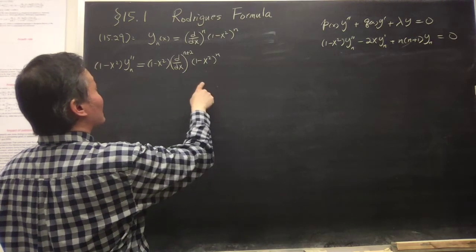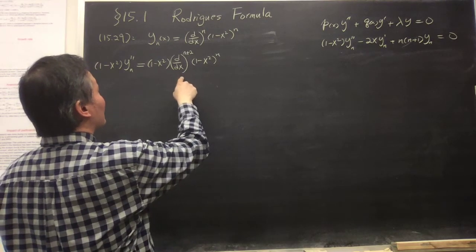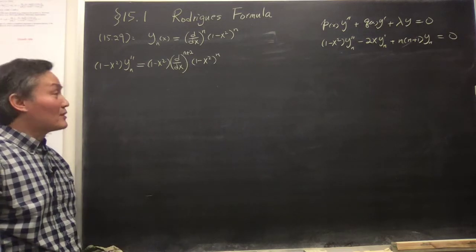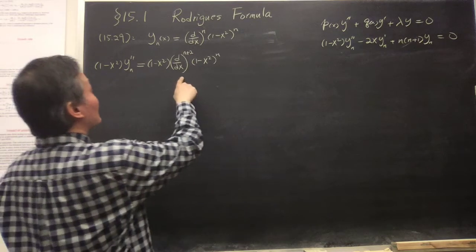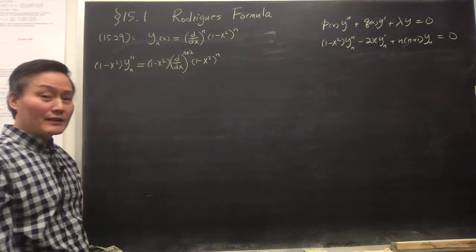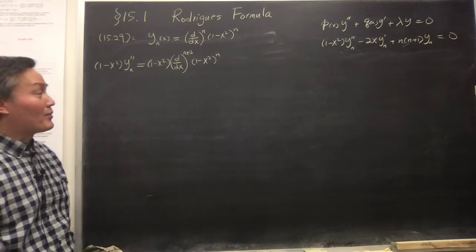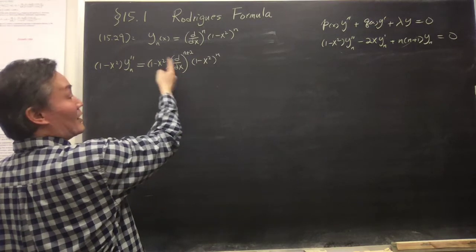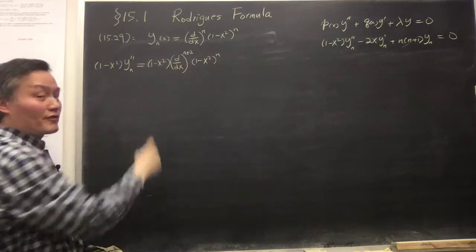What we want to do now is use the Leibniz formula, and to do so we're doing something like an integration by parts.